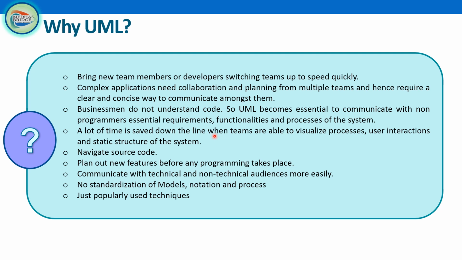Essentially, requirements, functionality, process of the system. A lot of time is saved down the line when teams are able to visualize process, user interactions, and static structure of the system. Navigating the source code is much easier if you have proper UML modeling in place.